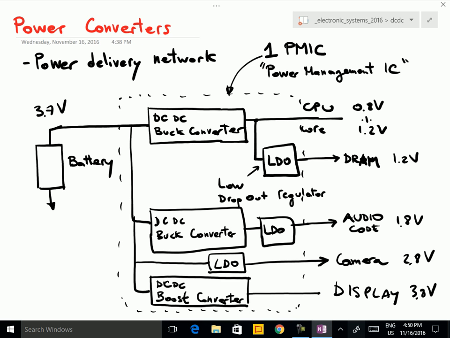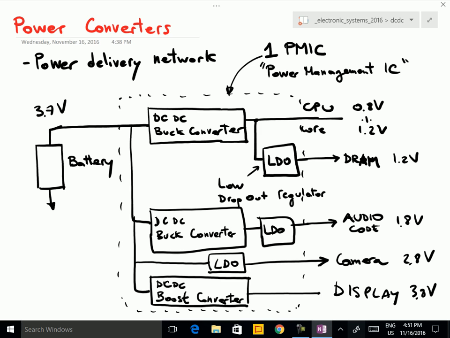There are also some technical reasons, because you need even less ripple in the regulators that are providing the power supply for the radios, because of course these ripples can alter in particular the detection of the signal. But in many systems you have one power management IC.